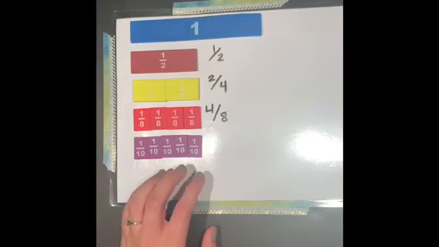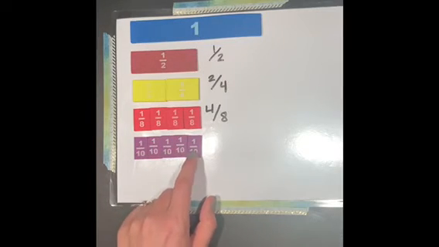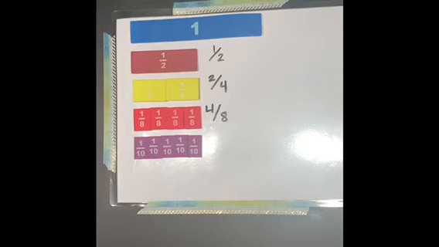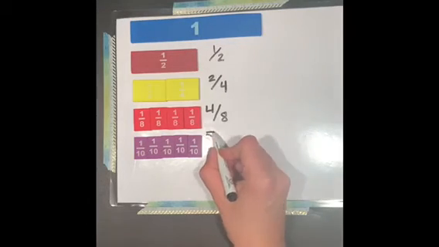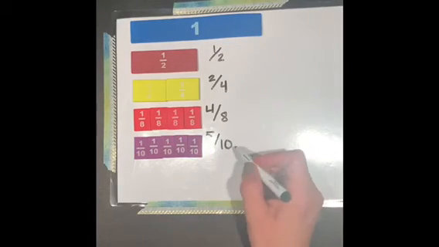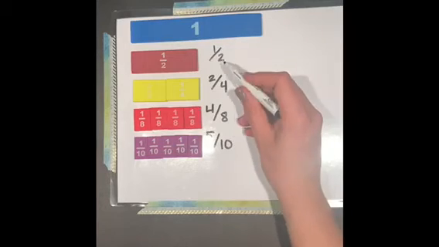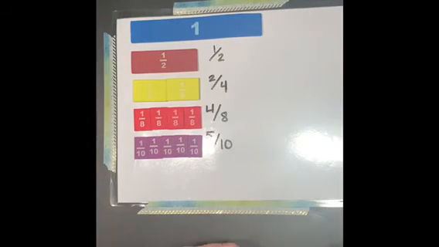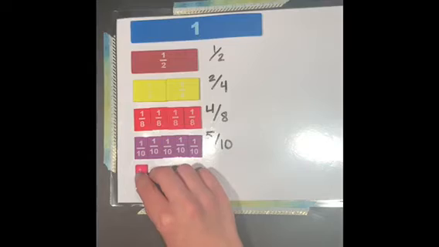We did it again. 5/10 is equivalent to 4/8, 2/4, and 1/2 because they take up the same amount of space.